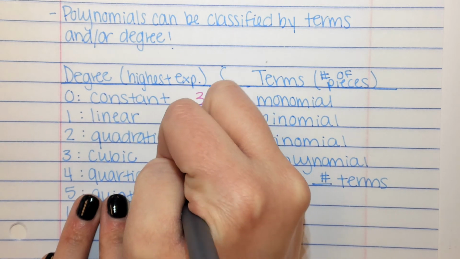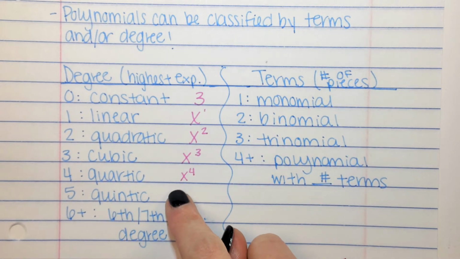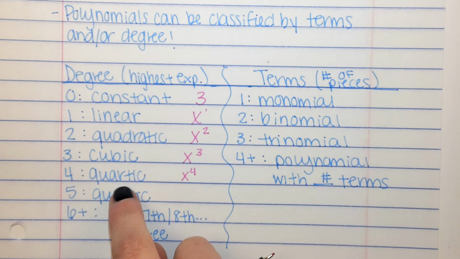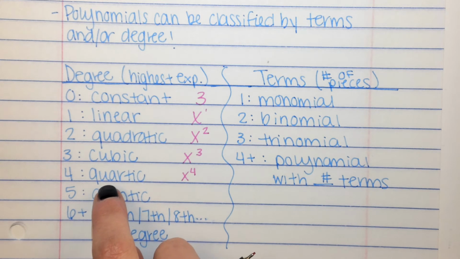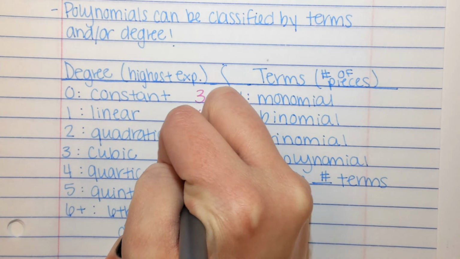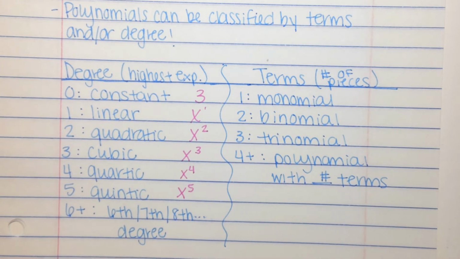Quartic is 4. An easy way to remember that is 4 quarts in a gallon, or 4 quarters in a dollar, or 4 quarters of an hour. That might help a little bit because quartic and quadratic are often confused. Quintic is 5, and then everything after that: x^6, x^7, x^8, and so on.